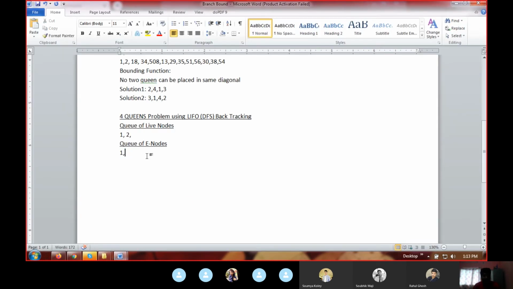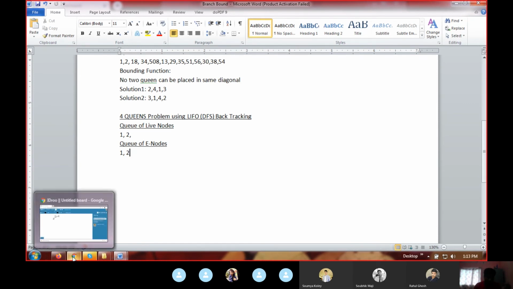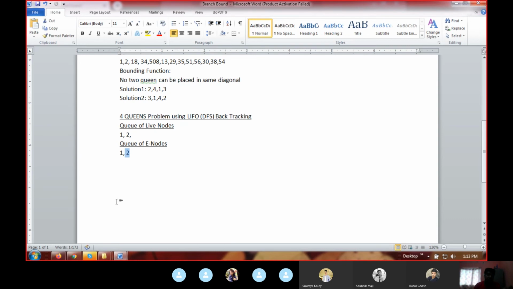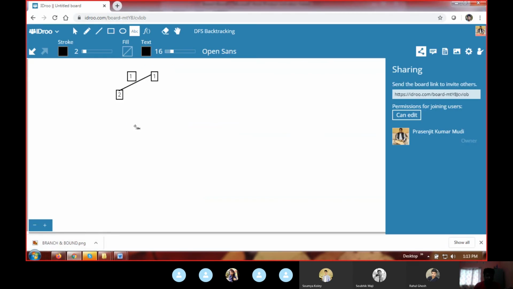Then we come to node 2, and node 2 becomes the next E node, before completion of generation of all the children of node 1.